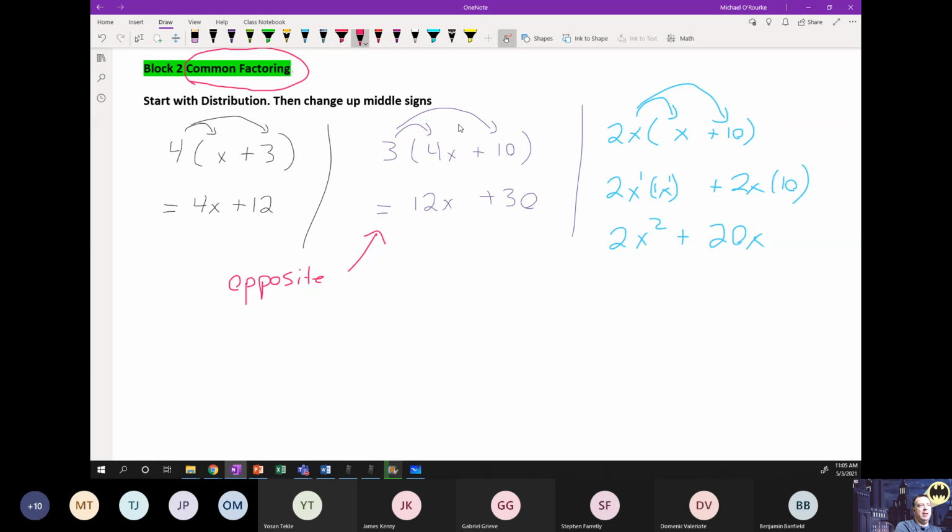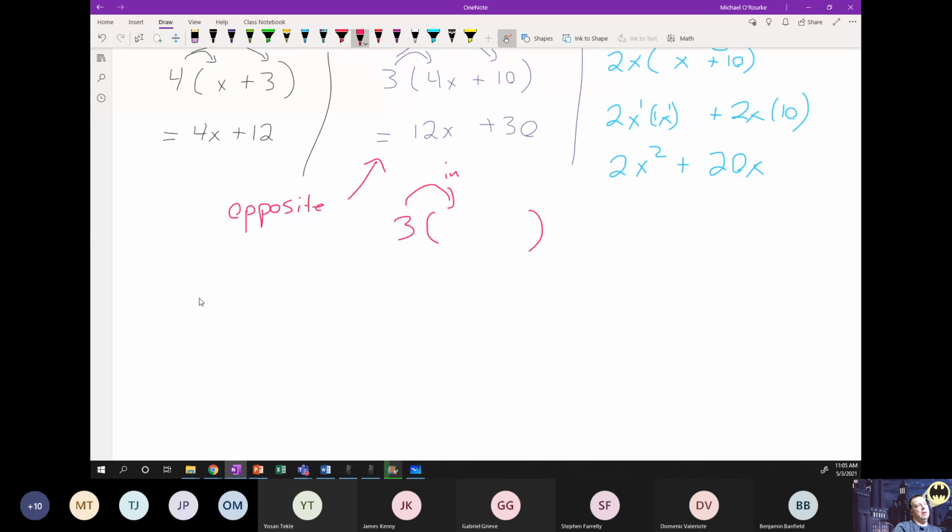So we're putting a number into the brackets, right? What we're going to do now is the opposite. We're actually going to take a number, and we'll do this question right here. 4x plus 12. And we're going to take a number or a variable out of the brackets.